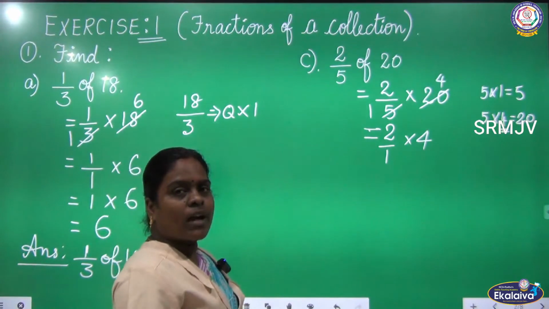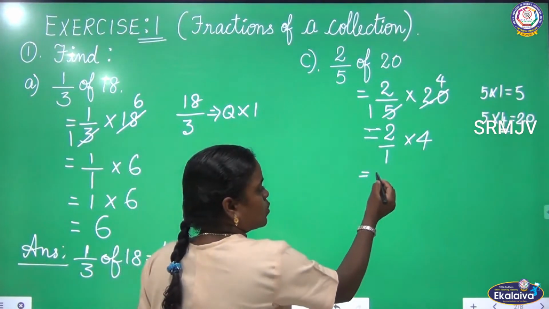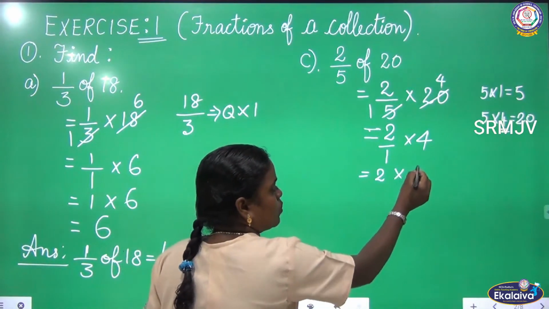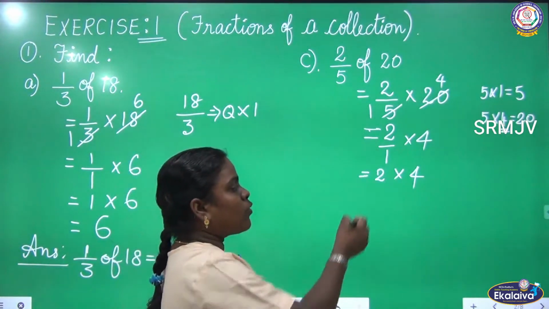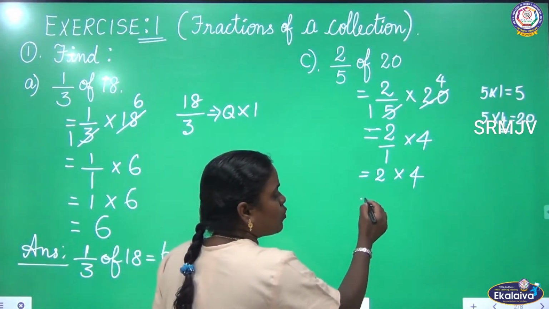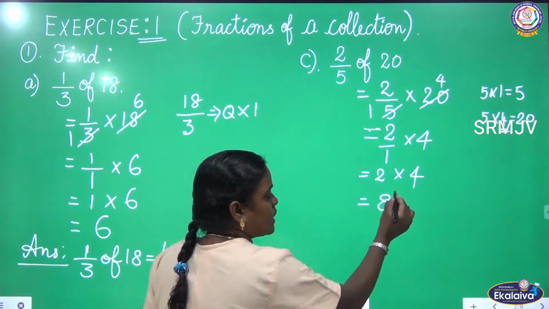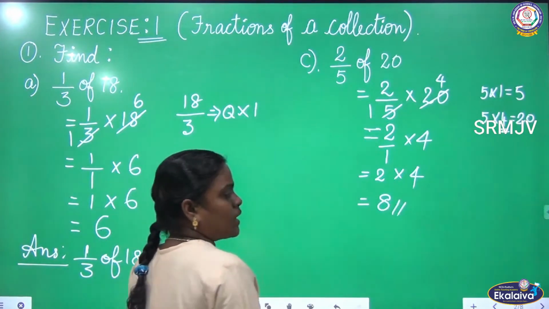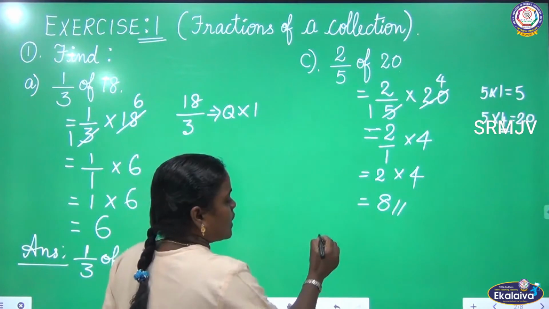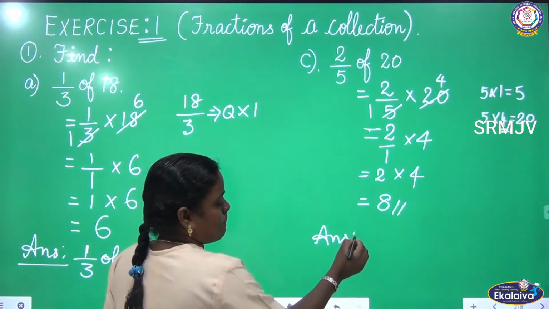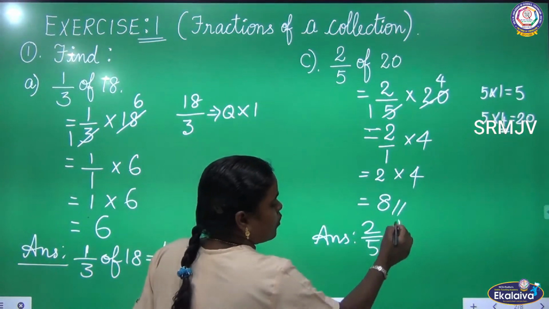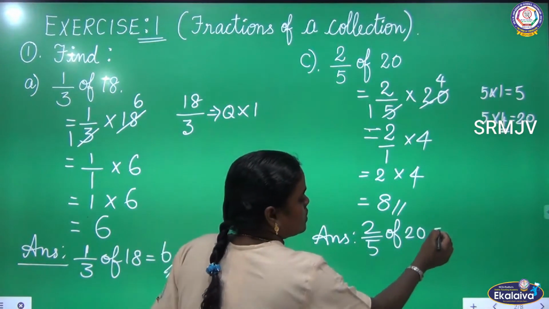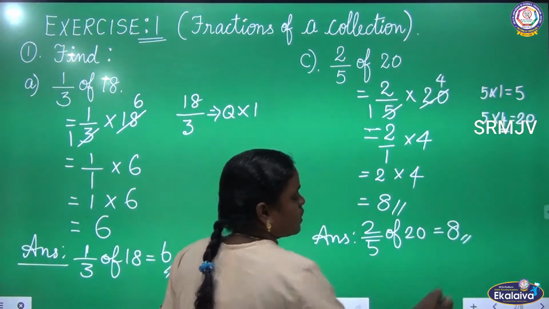So 2 by 1 is 2 into 4. What will you get if you multiply 2 and 4? 2 4s are 8. So 8 is the answer. Let us write the answer now. 2 by 5 of 20 is 8.